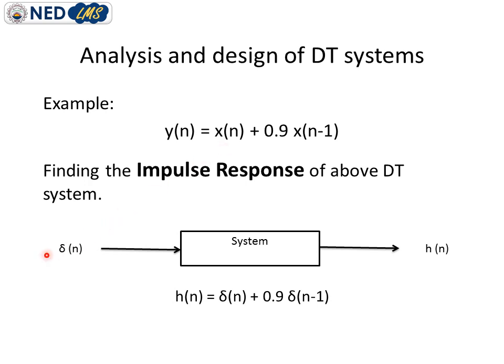So this is x of n, which is the input, and this is y of n, which is the output. So x of n is replaced by delta of n, and similarly x of n minus 1 is replaced by delta of n minus 1, and the output y of n is replaced by h of n. So the equation becomes like this.